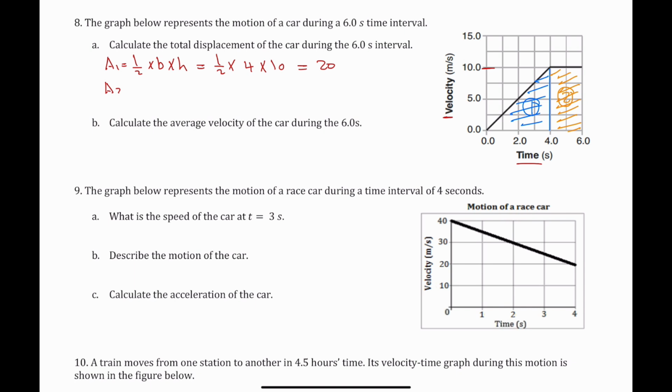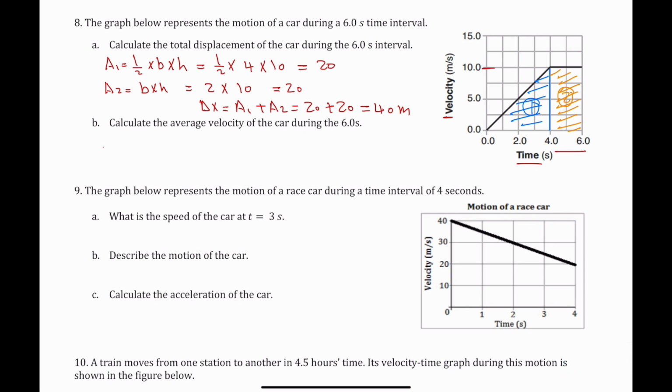A2 equals the base times height, equals, here 6 minus 4 is 2 times the height is 10, so again 20. So delta x equals A1 plus A2 equals 20 plus 20 equals 40 meters. B. Calculate the average velocity of the car during the 6 seconds.